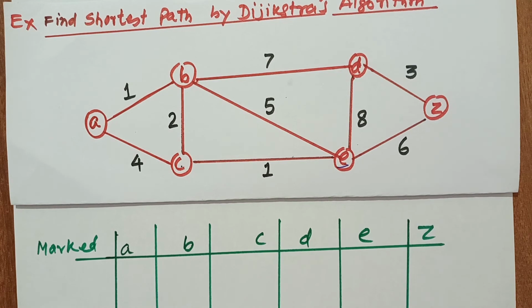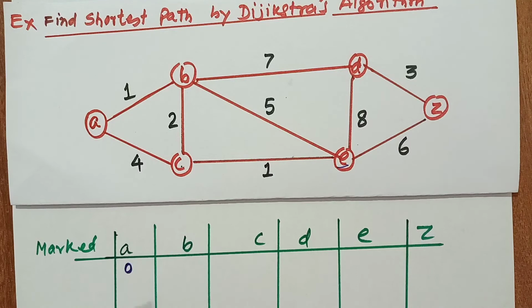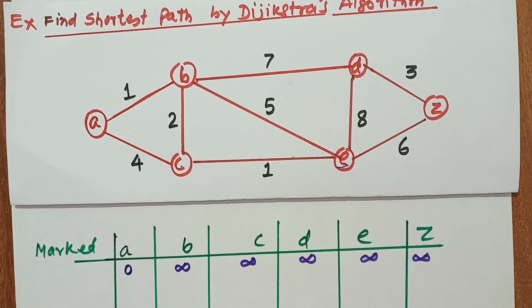The second step is that we put 0 at the source vertex and infinity at the remaining vertices. The source vertex is A, so we put 0 here and infinity for the rest. Now, of these values, the smallest is 0, so we mark it and write this vertex A. A is the marked vertex.